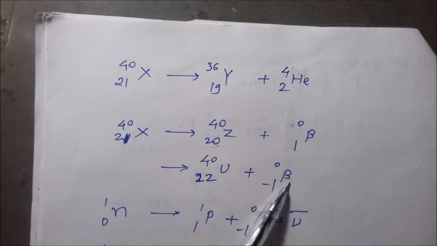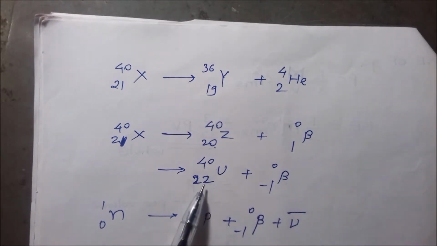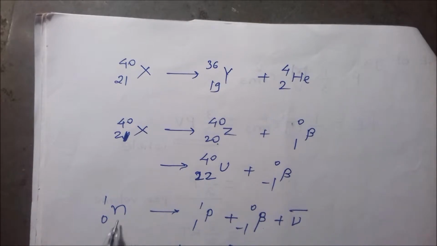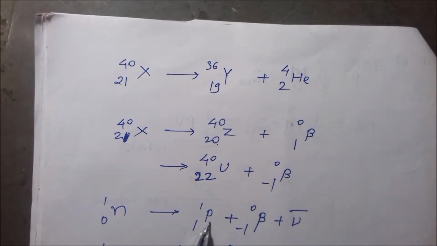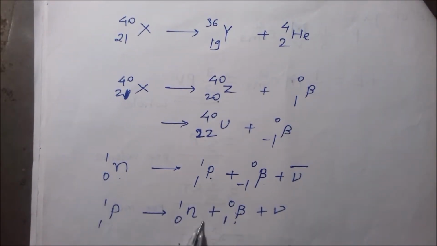When beta is emitted, negative beta electron, A remains same, Z increases by 1. When electron is emitted, neutron is converted into proton, and when positron is emitted, proton is converted into neutron. This is antineutrino. Antineutrino is emitted with electron and neutrino is emitted with positron.